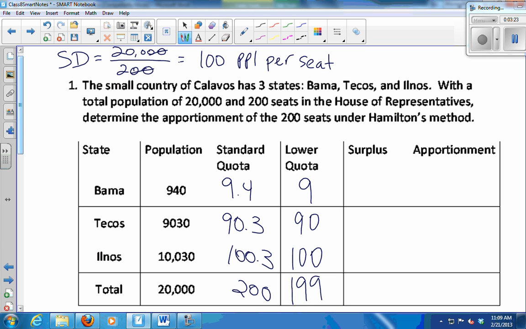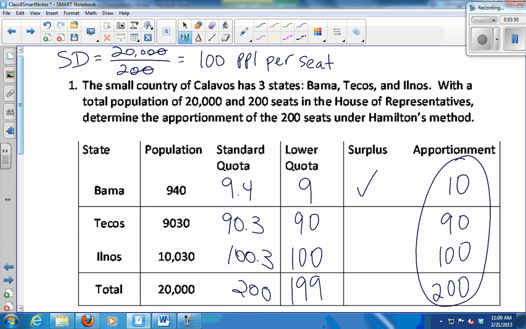I have 1 surplus seat. Who should I give it to? Yeah, Bama, because they have the largest decimal part. They're the closest to earning another full seat, so we give them the extra seat. So my final apportionment is going to be 10, 9 plus the surplus, 90, 100 for 200 seats.